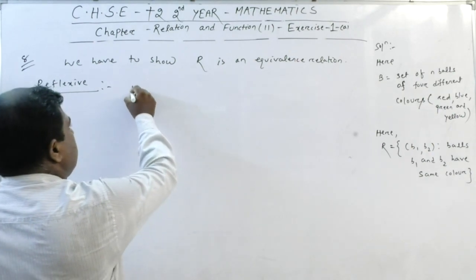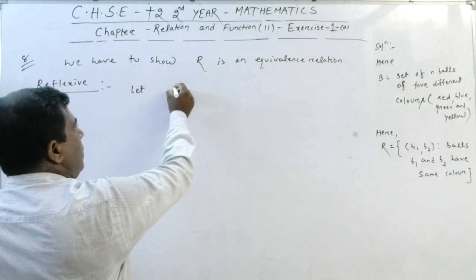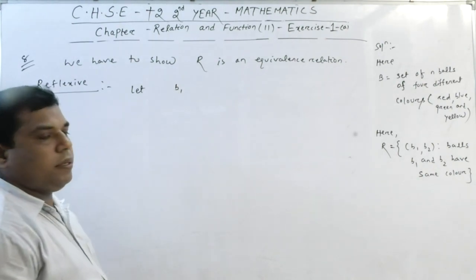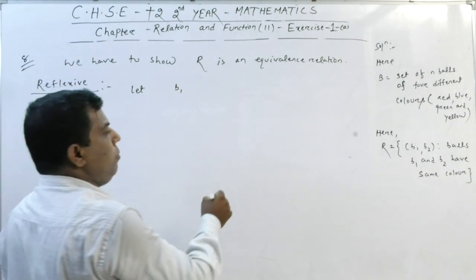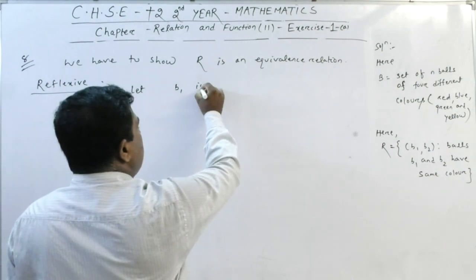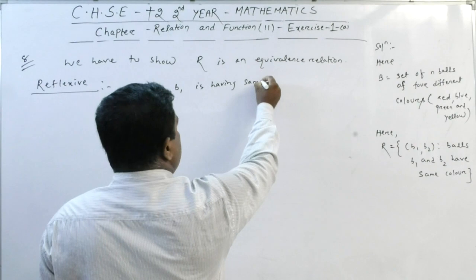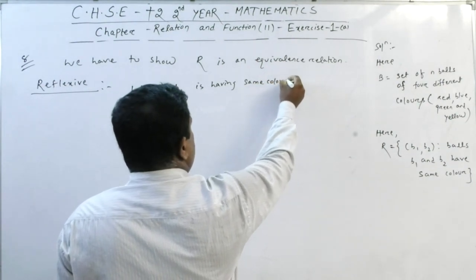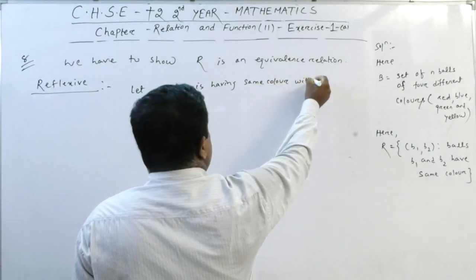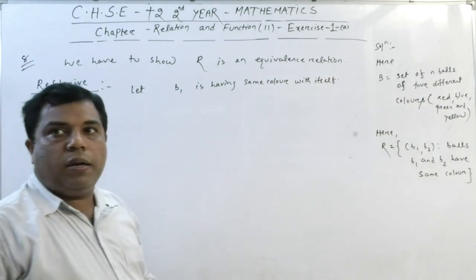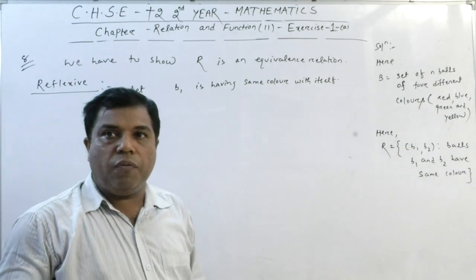Suppose we take B1. B1 has the same color with itself. So the color of B1 is alike with the color of B1 also.